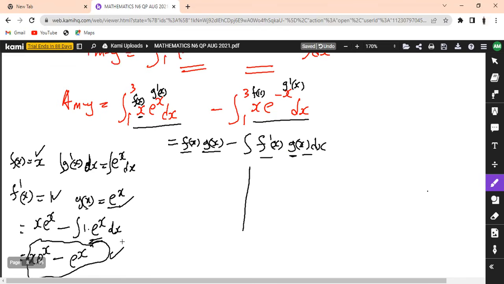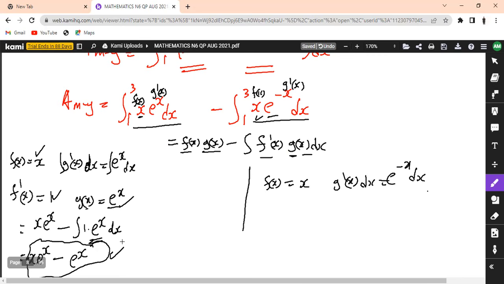So we are going to have our f of x in this case, which is x, and our g prime x dx, which in this case is e to the exponent of minus x dx.